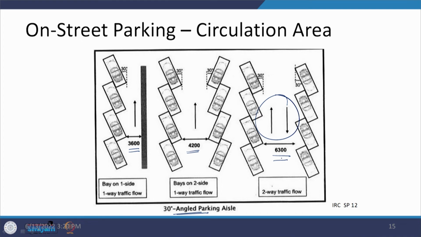Now, another thing which we can understand is how much space is being utilized. So, this is the space which is being utilized here, and this can be divided into two parts. If this is L and this is W and this is theta, then this becomes L sin theta and this becomes W cos theta.